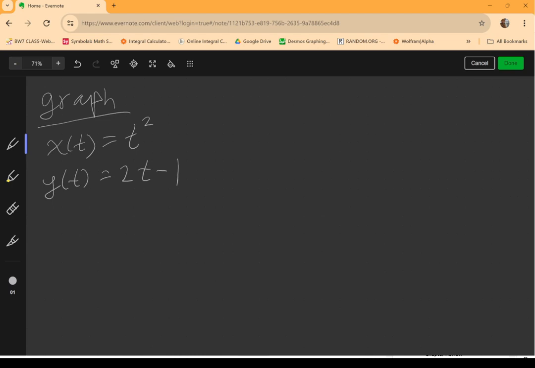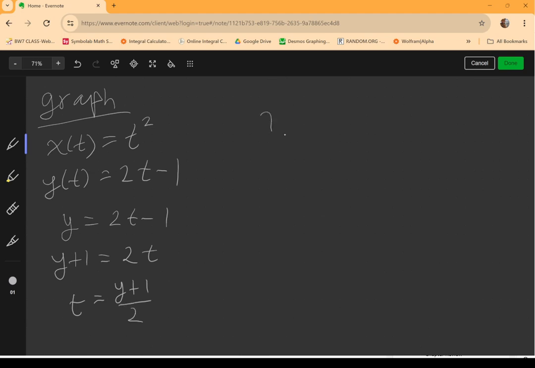So let's write an equation of this by solving one of the equations for t. I'm going to choose y to solve for. So I'll have y equals 2t minus 1. I'll add 1 to both sides, then I'll divide by 2. So we get t equals (y plus 1) over 2.